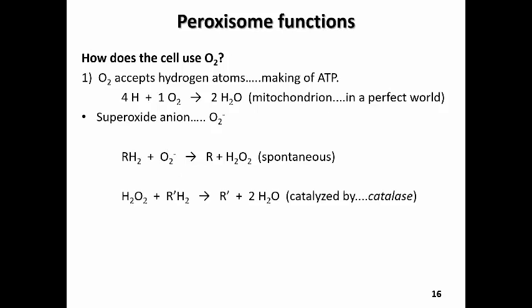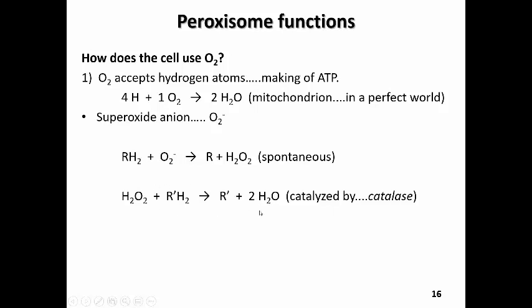The next step inside the peroxisome is that the peroxisome will then bioreact hydrogen peroxide with another, a different molecule that contains molecular hydrogen to form two harmless H2O molecules.